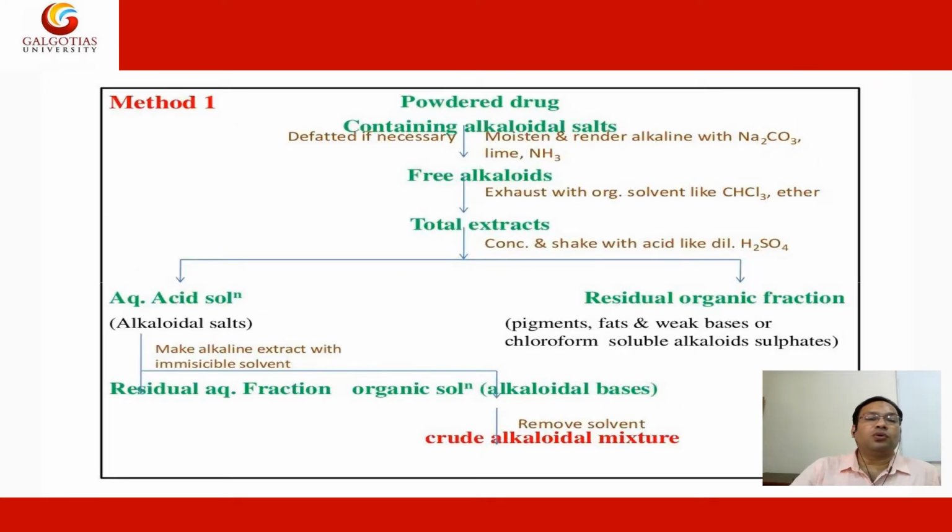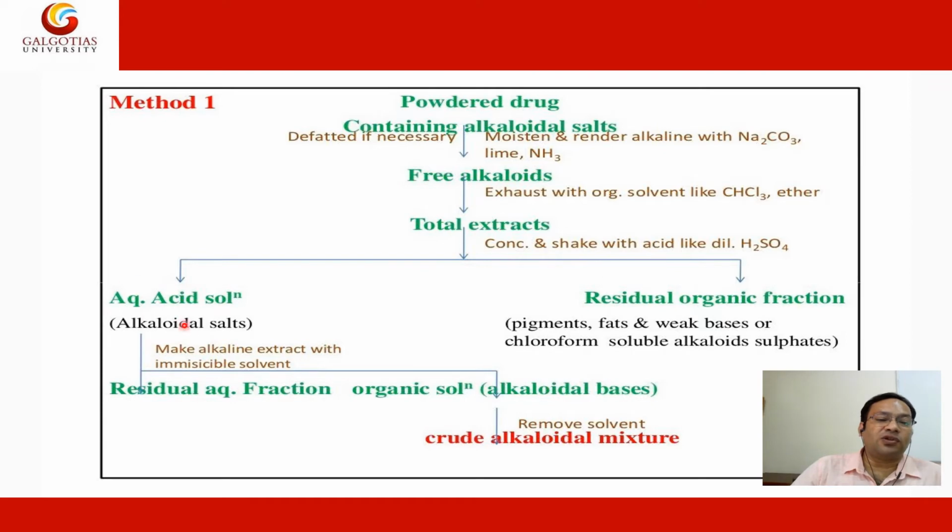Okay, so method 1: powder drug is taken. The drug, in the form of coarse or fine powder containing alkaloid salt, is defatted if necessary and moistened with alkali such as sodium carbonate, lime or ammonia. The free alkaloid is exhausted with an organic solvent like carbon tetrachloride or ether. The total extract is concentrated and shaken with acid like dilute sulfuric acid.